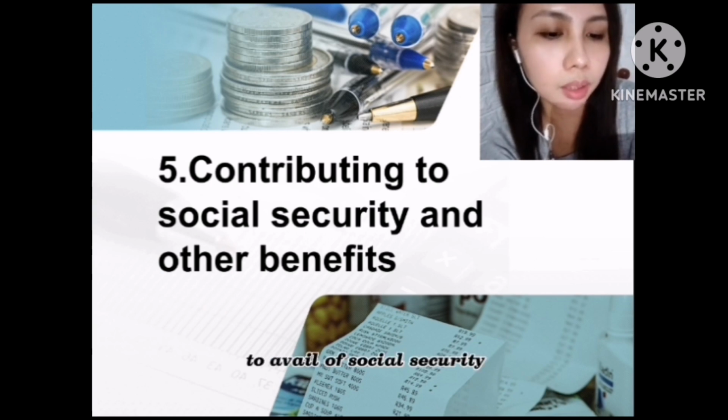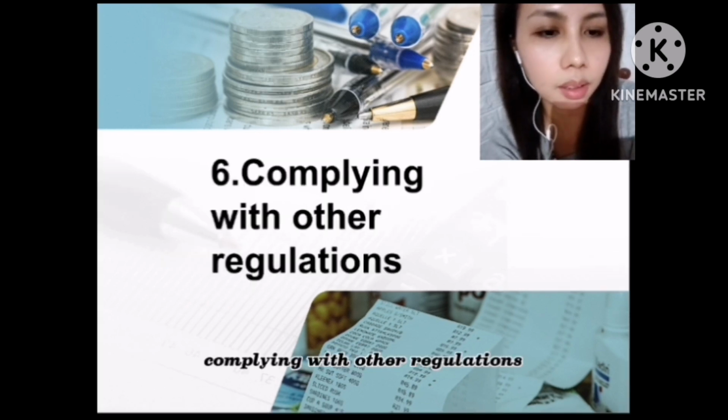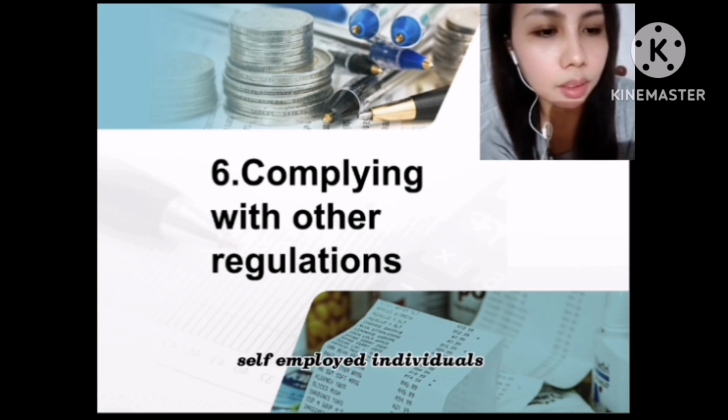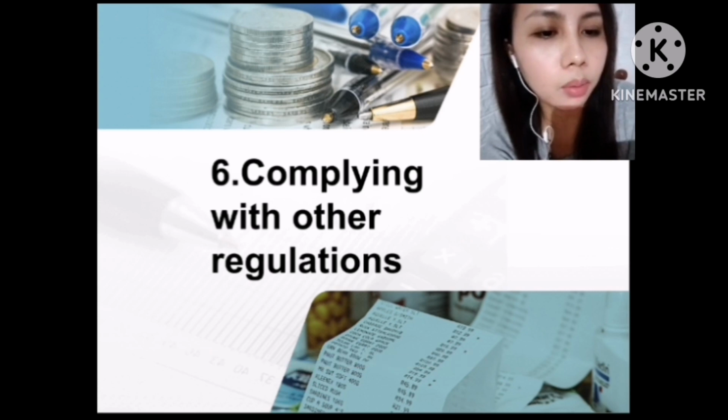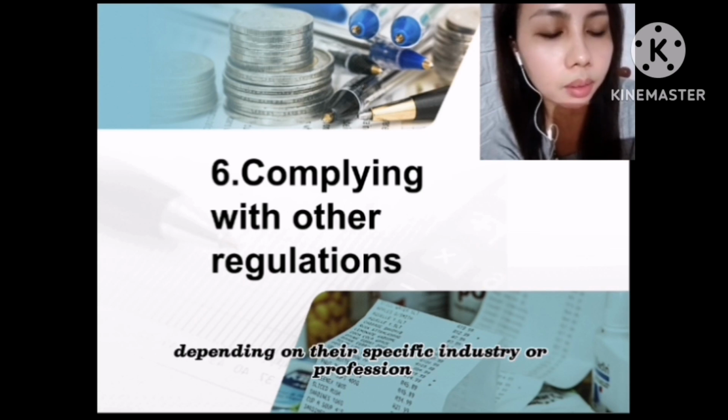So, to avail of Social Security, healthcare, and housing benefits. And the sixth one is complying with other regulations. Self-employed individuals or professionals may also need to comply with other regulations depending on their specific industry or profession.